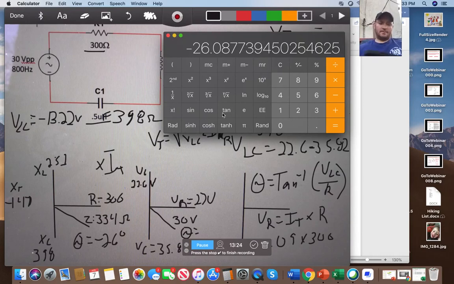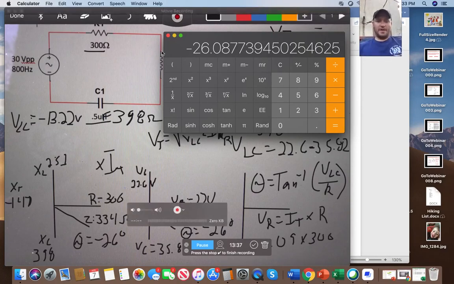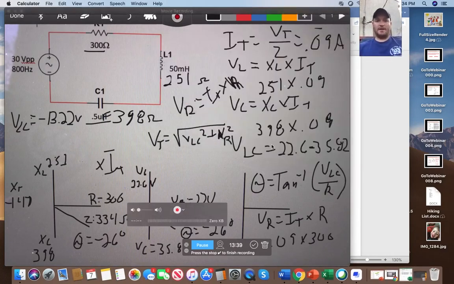And look at that, negative 26 degrees. Negative 26 degrees. Very cool. So we know we are on the right track here.